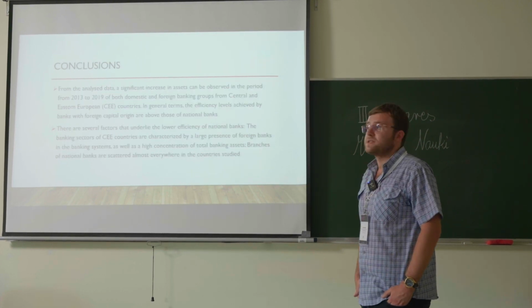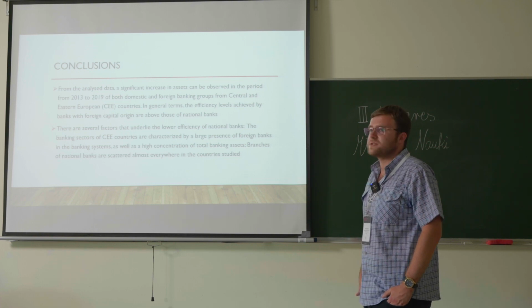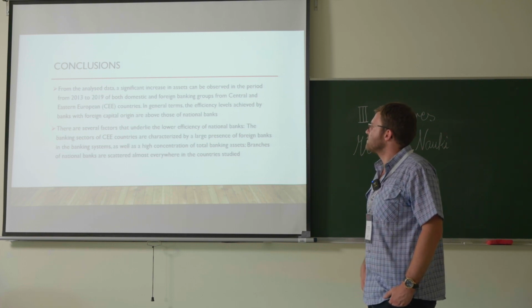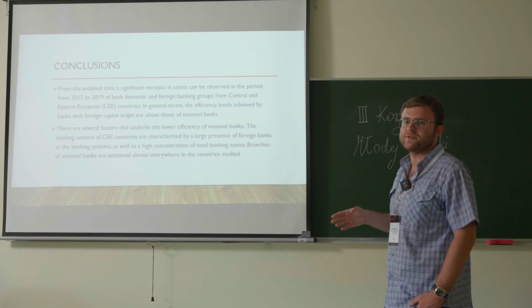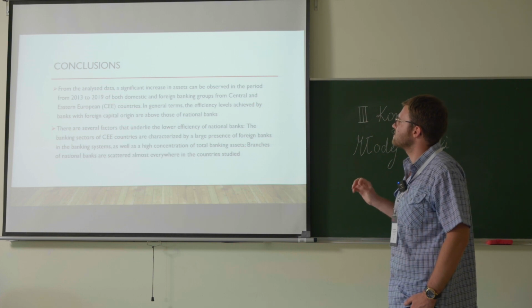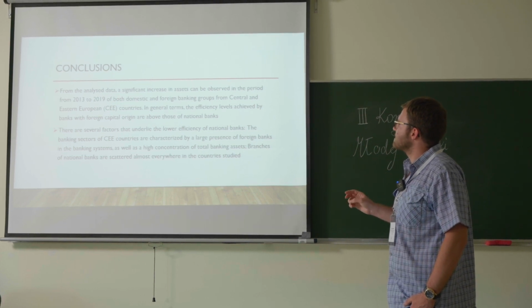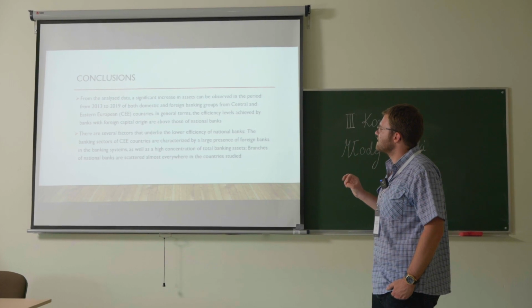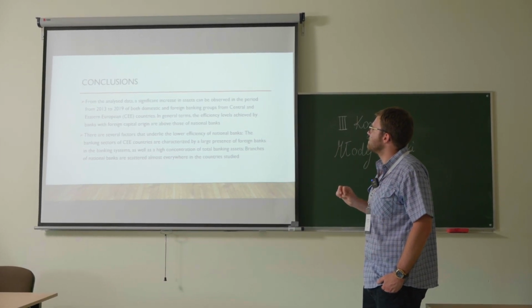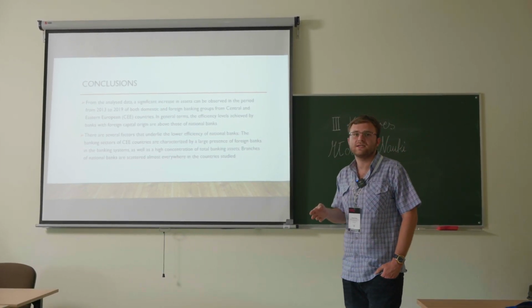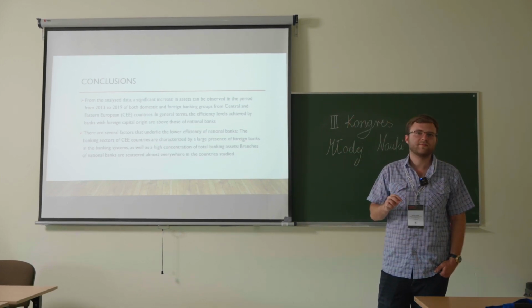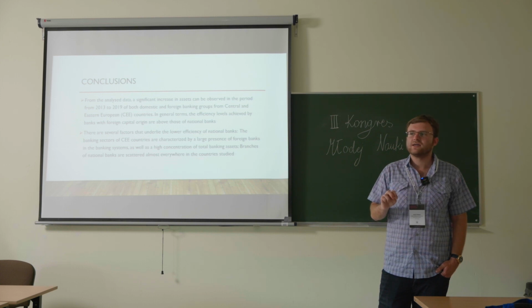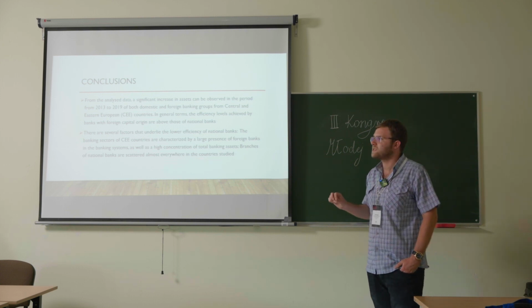So to conclude about all the information that was given in this presentation, from the analyzed data, we can say that in the observed period from 2013 to 2018, for both domestic banks and foreign banking groups in Central and Eastern Europe, in terms of efficiency, foreign banks were more efficient in Poland, in the Czech Republic, in Slovakia, but in Hungary, domestic banks showed the greater technical efficiency due to the government policy.